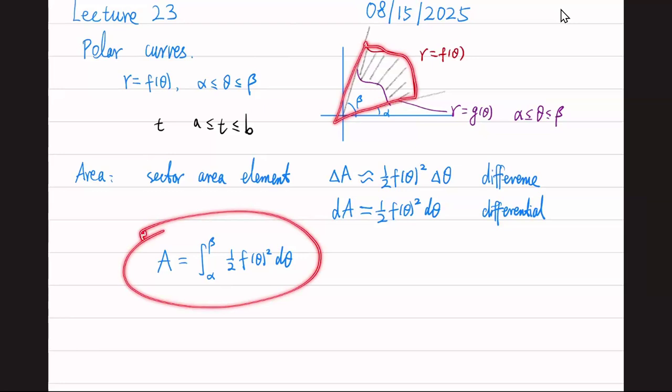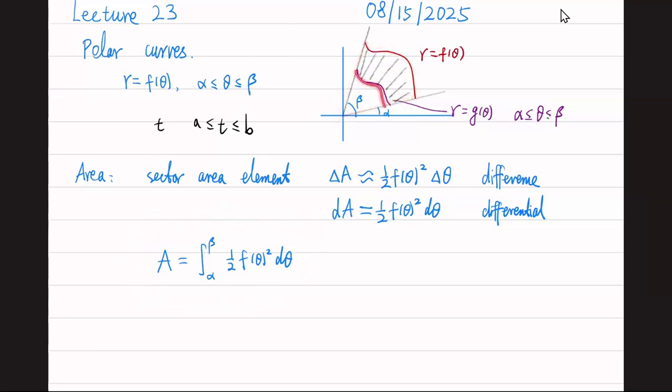Who wants to try? Zichen wants to try, yes. Sophia, what would you do? Subtract, uh-huh, okay. So this will be the area bounded by f, and this will be the area bounded by g. The difference is what's in between.